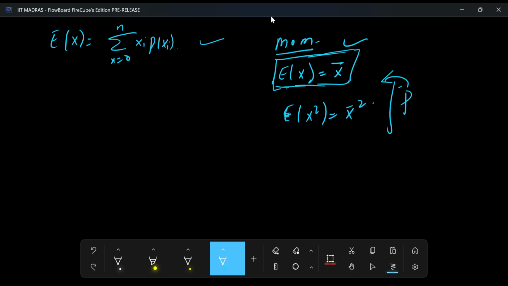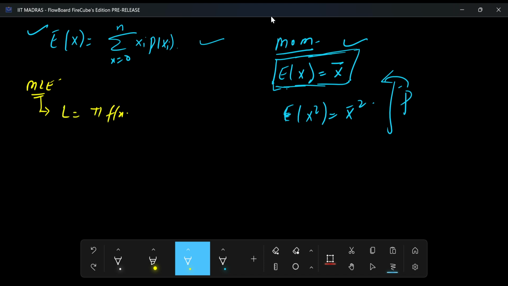We will see this when we approach from the method of moment estimate. And if I talk about MLE, that's maximum likelihood estimator, we try to make the joint distribution of the sample values, that's L, which is the product of f of xi, i is equal to 1 to n. Then we take the log of this L, that's my log likelihood function, simply the summation of log f of xi.